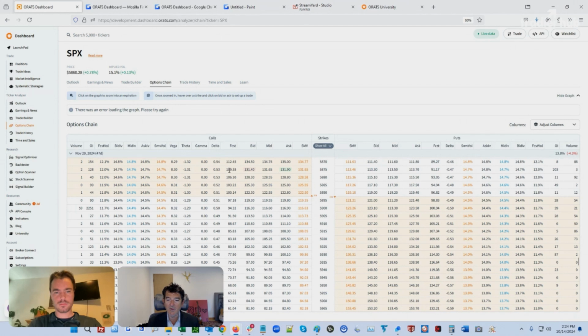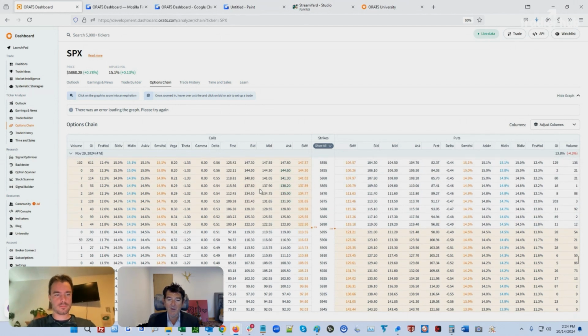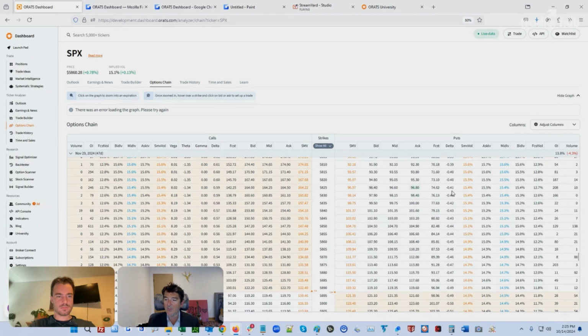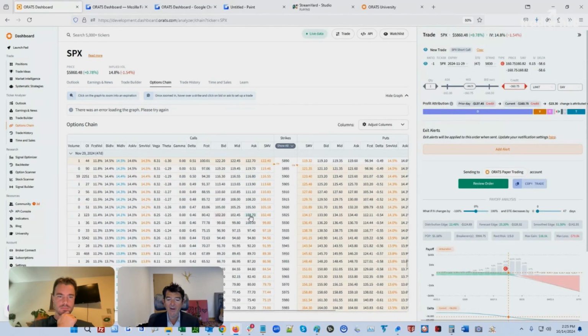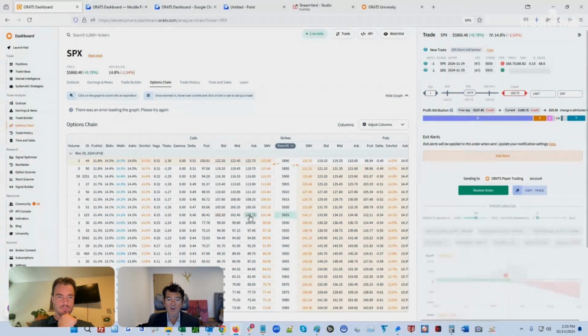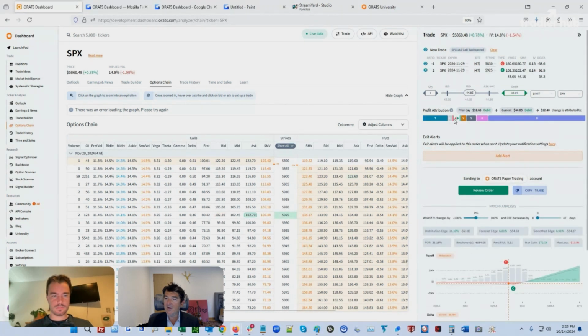So what we'll do is we're going to sell a lower strike, because that's where the slope gets steep. So we're going to sell one of these, 58.30, and then we're going to buy a couple 59.25.